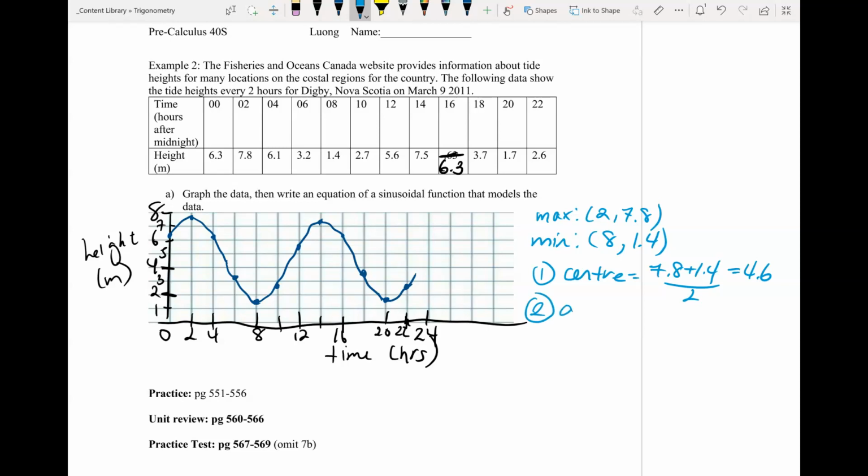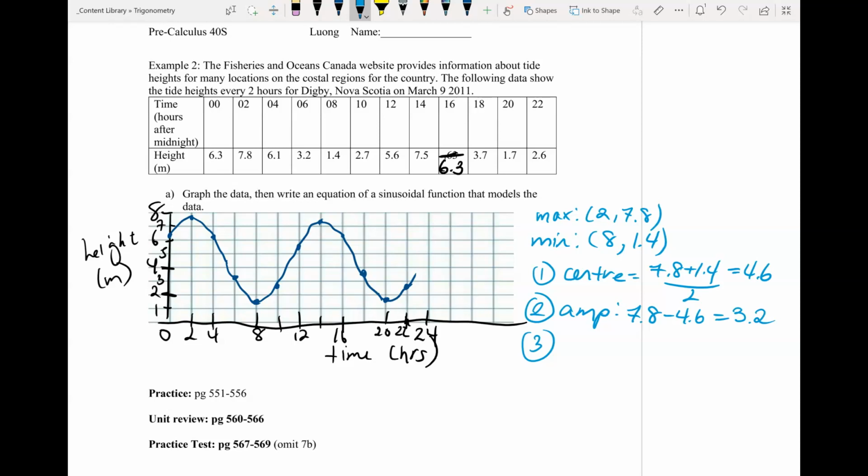Next thing to do is find the amplitude. And we're going to use our midline for that. So we can just take our maximum, subtract our midline, and that will give us our amplitude. So our amplitude is 3.2. Our period, we take a look from how long it would take us to start and finish.